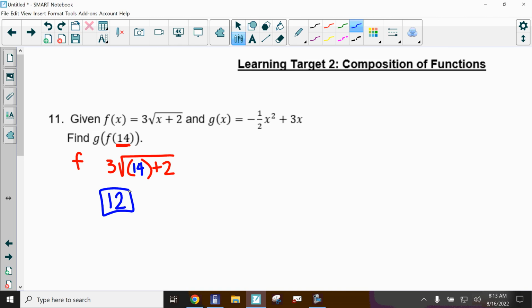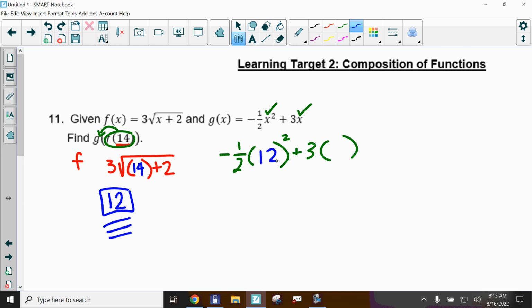Now the next thing that we have to do is, according to the instructions, once we find the answer to f of 14, we have to plug that result into g. So g is going to be negative 1/2 parentheses squared plus 3, and then parentheses again. You have to keep in mind every x that's here has to turn into a parentheses, and then those parentheses have to be filled with the 12 that we found in the first part.